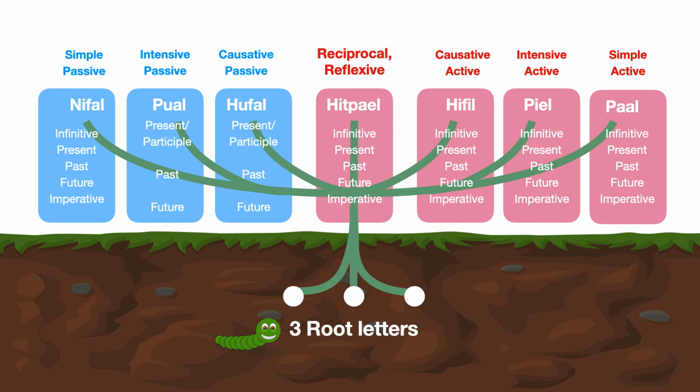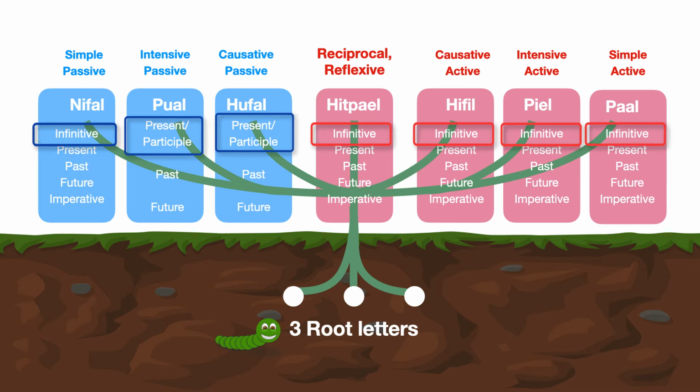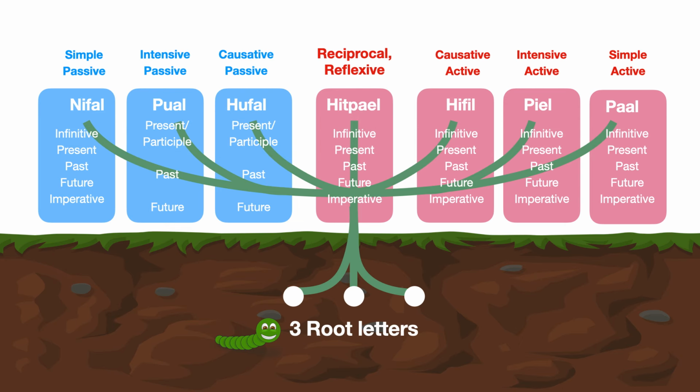So now you know all the verb stems. You have also seen the rules for forming the infinitive forms of these stems, and the present or participle forms of these stems. As you continue to study Hebrew verbs, you will learn how to form the present tense, the future tense, the past tense, and the imperative forms of the different verb stems.